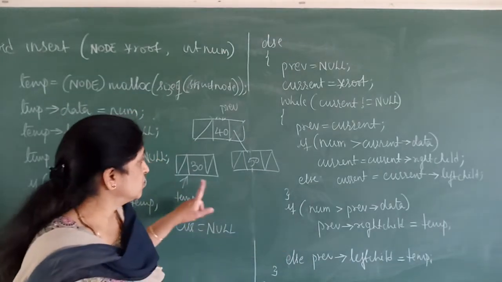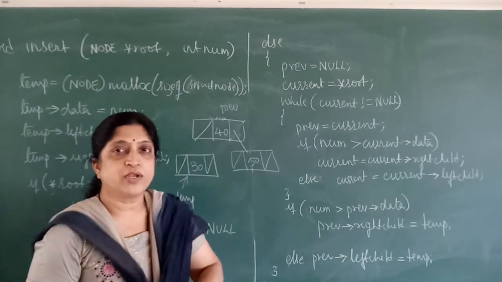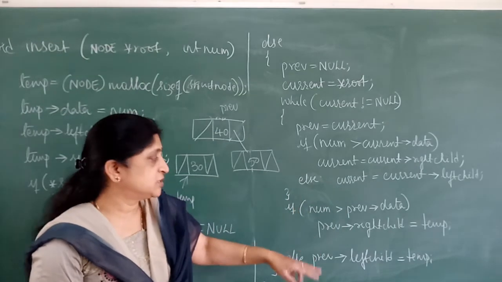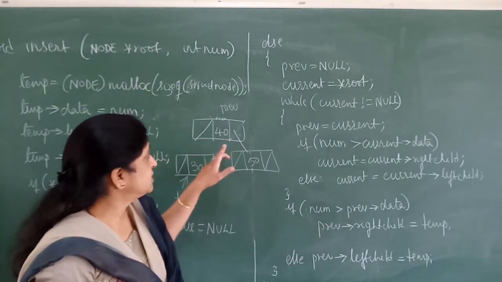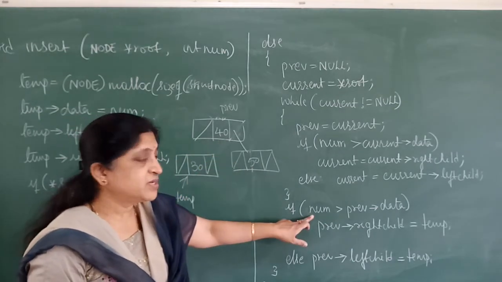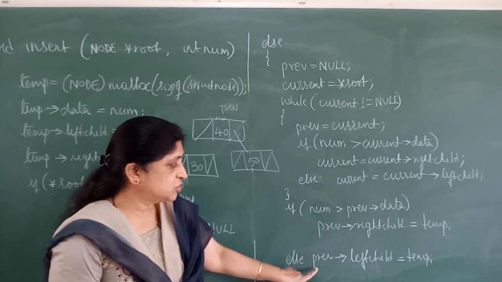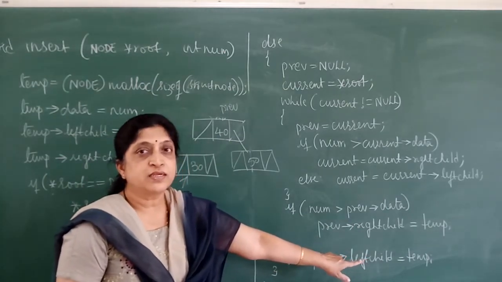We want to insert node 30 as a child node of the node to which previous is pointing. But where? Whether it should be a left child or a right child. So that we test here. If number is greater than the previous data. Previous data is 40, number is 30. So 30 is greater than 40 is false. Control goes to else, where we insert previous left child equal to temp.